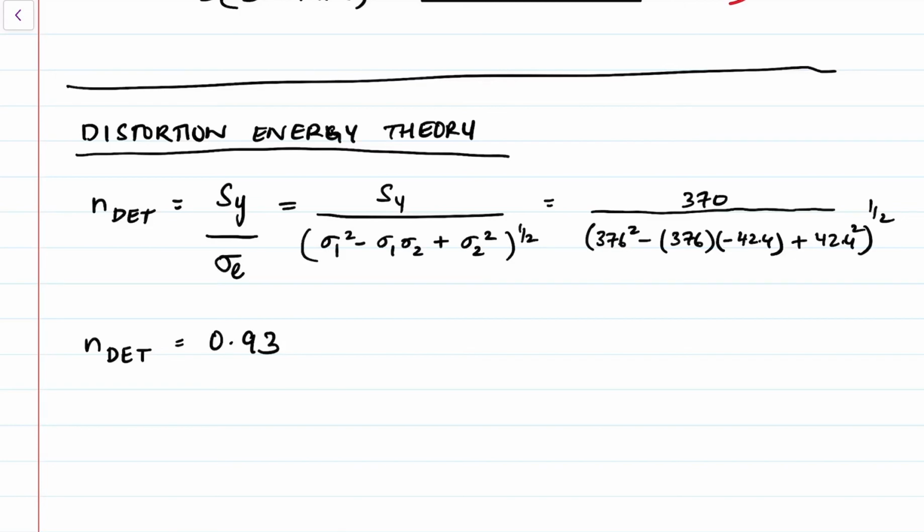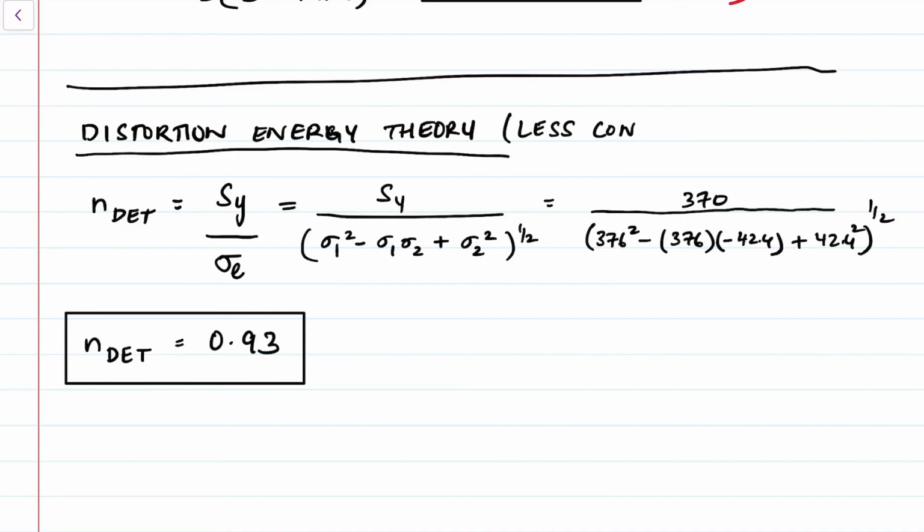And this value is different, and we expect it to be different because both of them use two different methods of trying to solve for the factor of safety. And let me mention that distortion energy theory is actually less conservative than MSST.